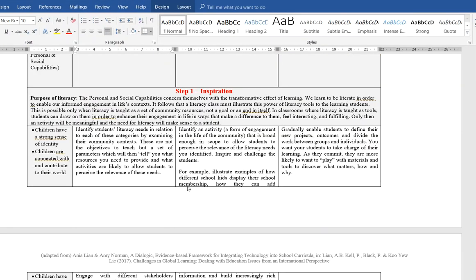So in the inspiration stage, I wrote here that because we have a concept of literacy, and the concept of literacy means that you use literacy tools in order to enhance your participation in the society, the aim now is not for teachers to teach a particular literacy skill that they have decided would be relevant for their students.